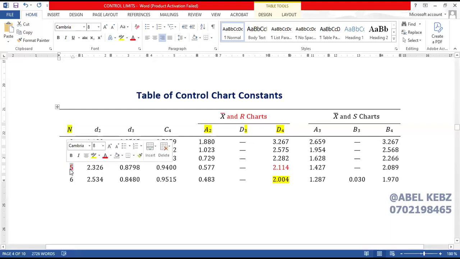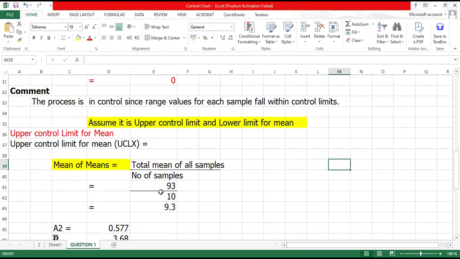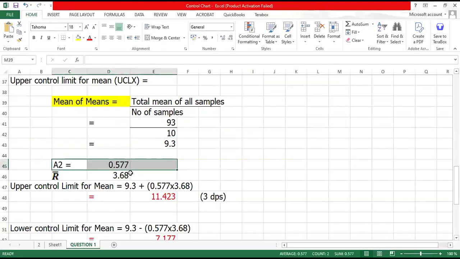Total number of observations, 5. So you stand where you have 5, move horizontally, look for A2. A2 is 0.577. That's how you get A2.